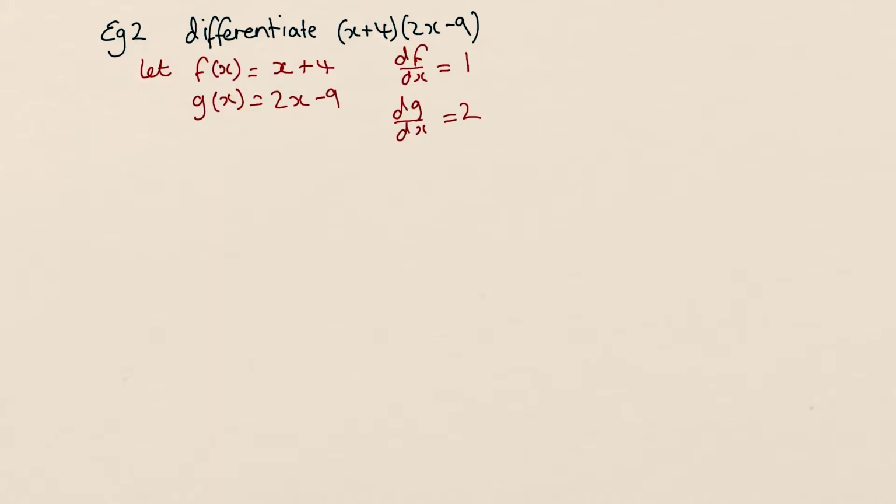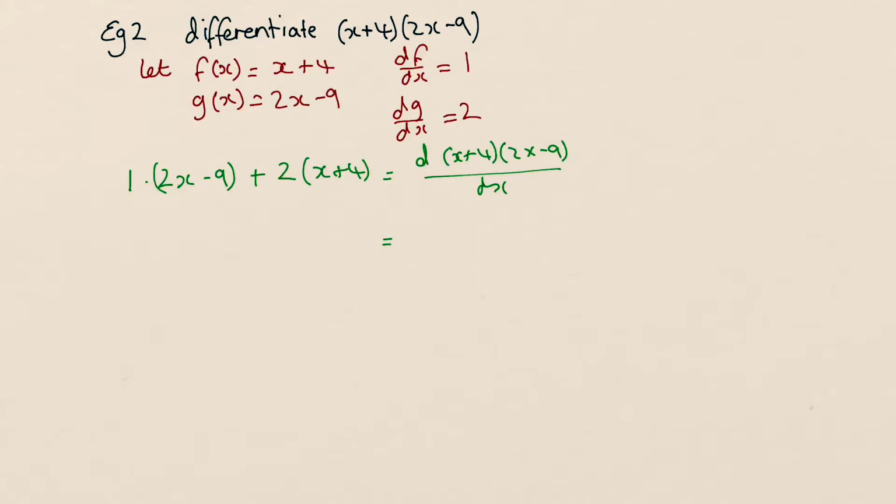So now we've just got to put it into the formula, which will be 1 lot of (2x minus 9) plus 2 lots of (x plus 4), and is equal to the derivative of (x plus 4)(2x minus 9) with respect to x. We can then simplify this down and get it as 2x minus 9 plus 2x plus 8, which is equal to 4x minus 1. That's the derivative using the product rule.